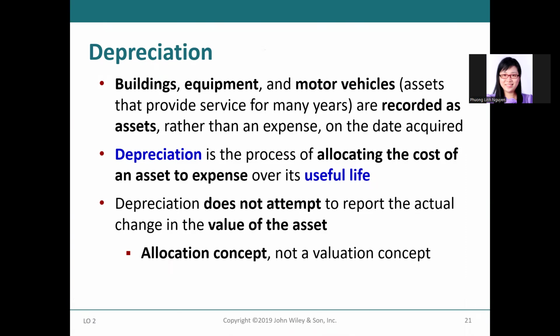Depreciation is the process of allocating the cost of an asset to expense over its useful life. So it is a decrease in value of the assets. So we're going to estimate them and we will allocate this depreciation to the cost of the assets over its useful life.